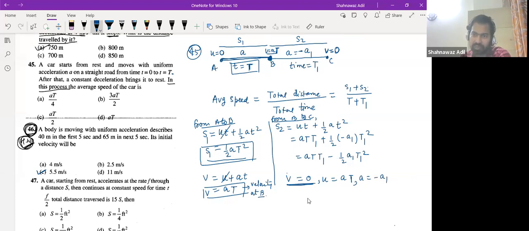So let us write these scenarios. V is U plus AT, which is 0 equals AT minus A1 and time is T1. So I will get AT equal to A1 T1.